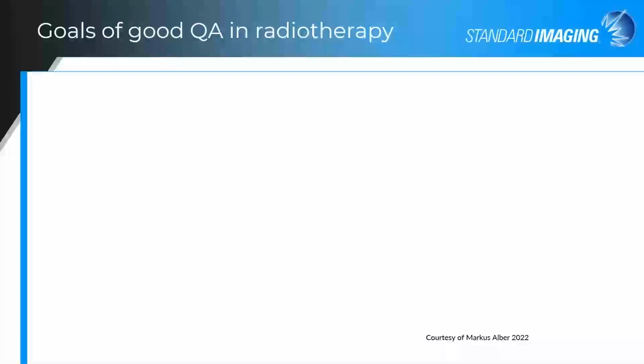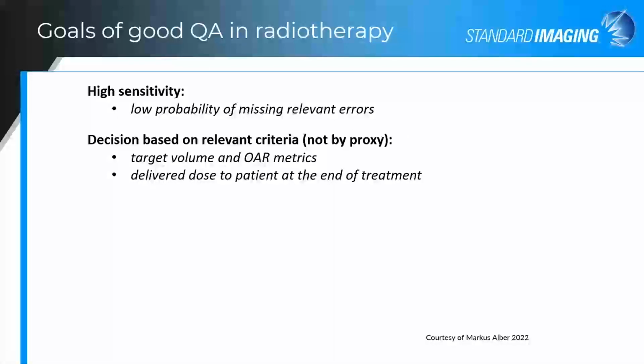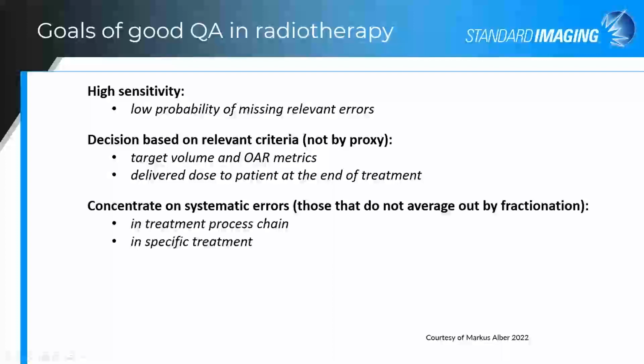So what are the goals of good QA in radiotherapy? Well, we want the QA to be highly sensitive, so there's a low probability of missing relevant errors. We want it to be a decision based on relevant criteria, things such as the target volumes and OAR metrics, and the delivered dose to the patient from the treatment, rather than the delivered dose to something like a detector array.